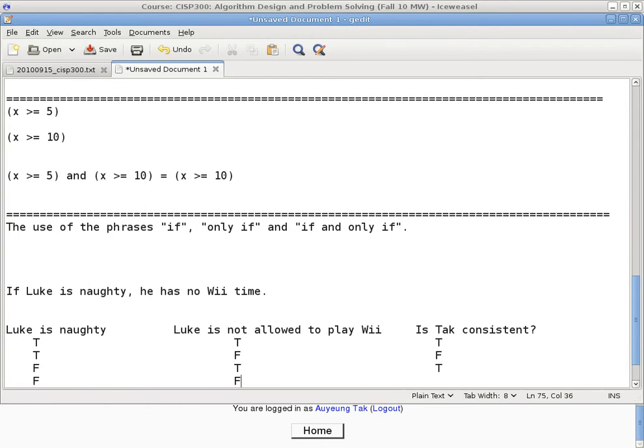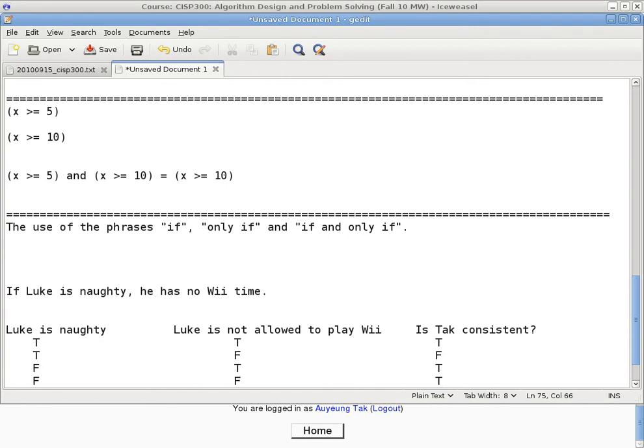He is not naughty, and he played with the Wii system over the weekend. That's fine, right? So now we have a little bit of a problem because it seems like the third row is not right. Luke was not naughty during the week, and yet I still do not let him play with the Wii over the weekend.